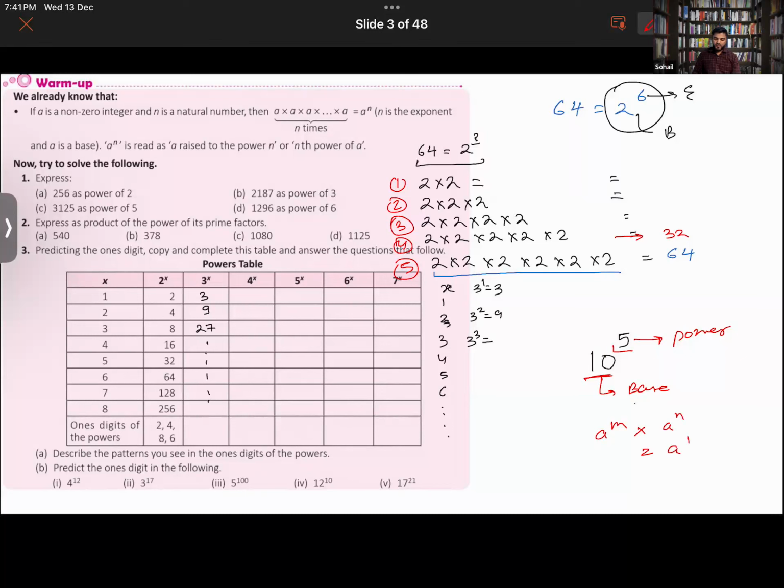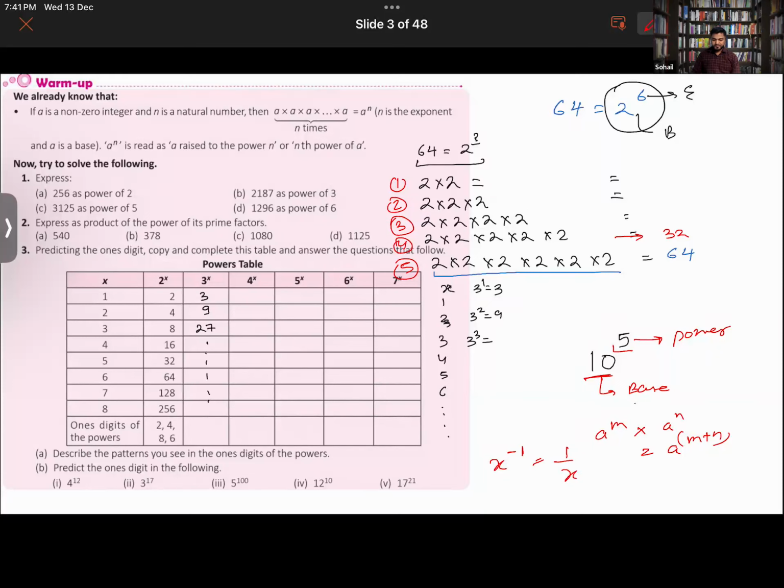Exactly. Arhan? Sir, x to the power 0 equals 1. Exactly, any integer raised to the power 0 will be equal to 1. Good. What if you were to have negative powers, guys? x raised to the exponent minus 1. Sir, 1 upon x. Very good.